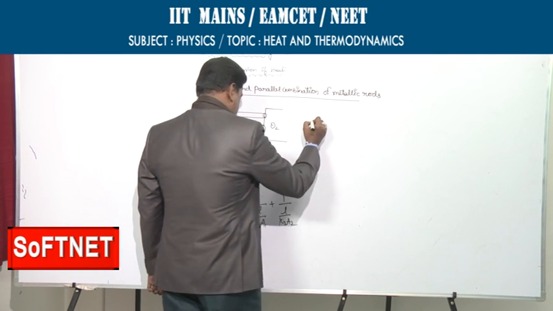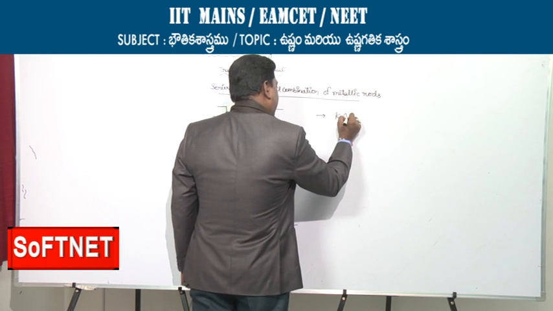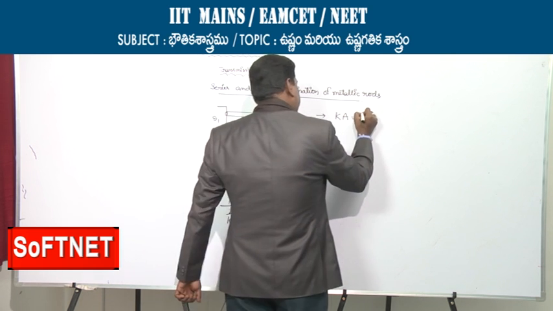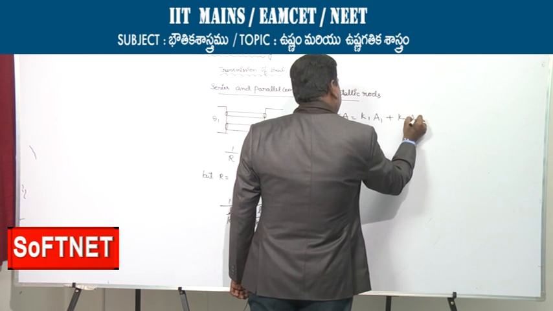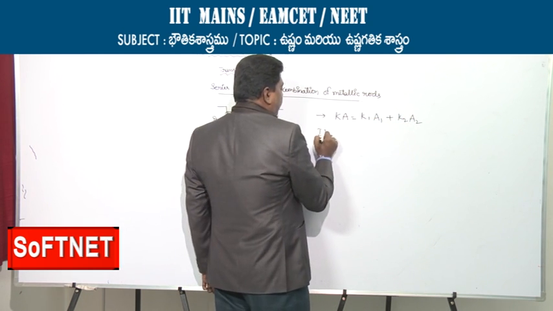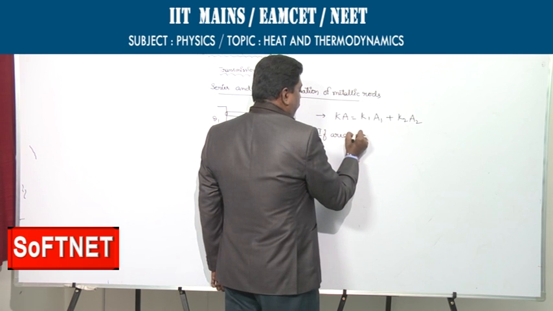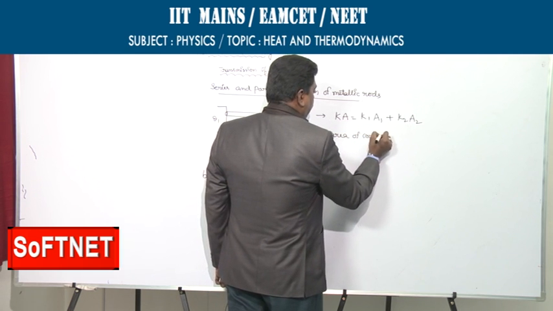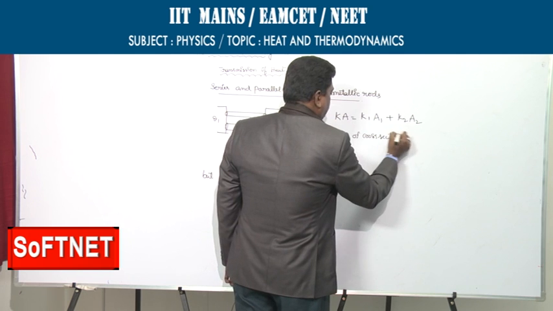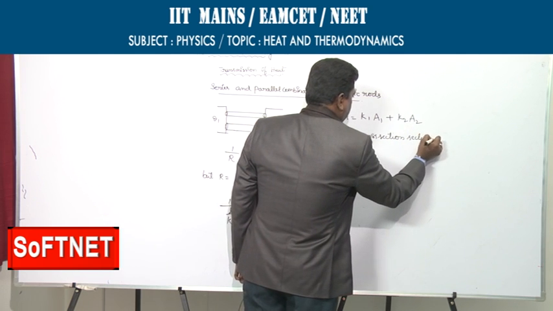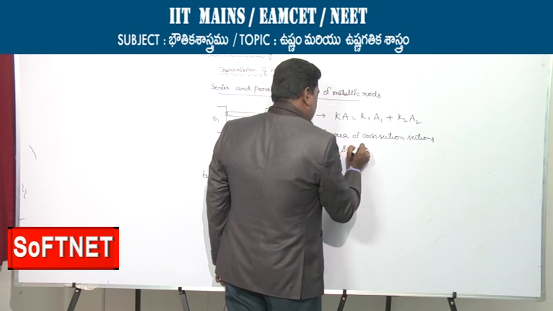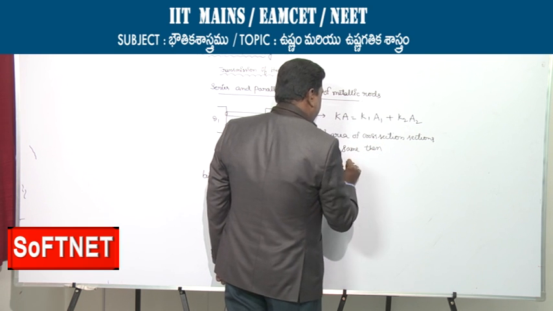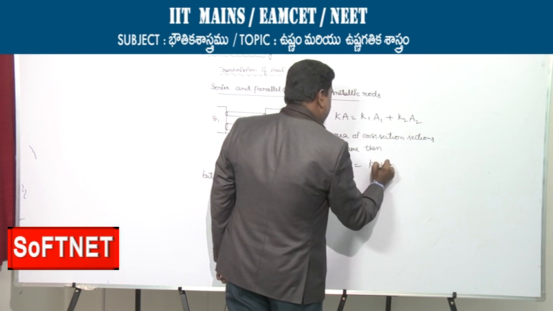We have got K A equals K1 A1 plus K2 A2. If the areas of cross section are the same, then K equals K1 plus K2.